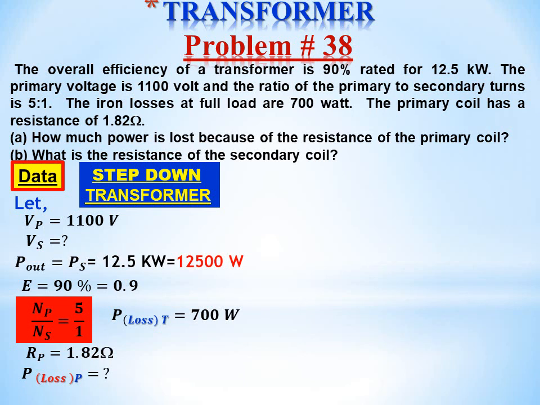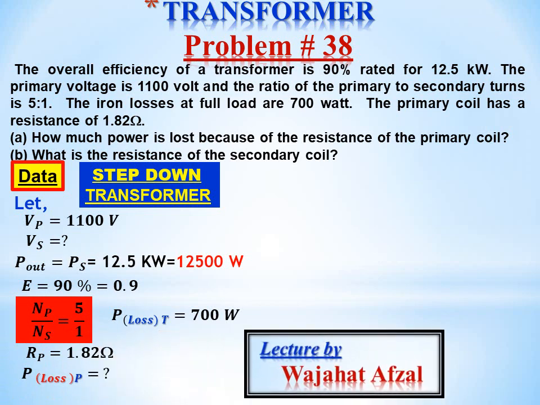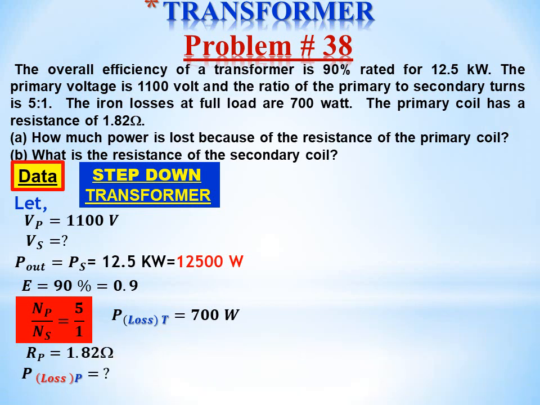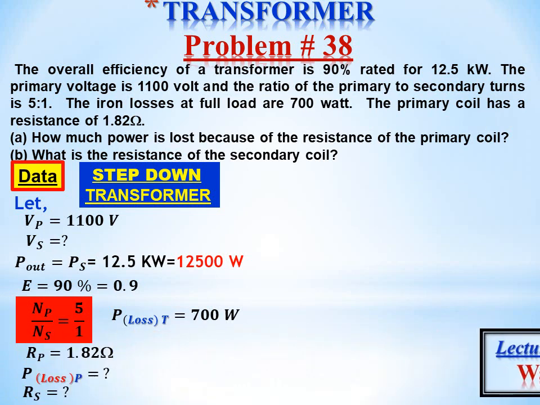For power loss you will use the I square R formula. So power loss in the primary is equal to question mark, unknown, and the last thing is resistance in the secondary coil. So you have to find the power loss in the primary and the resistance in the secondary coil.